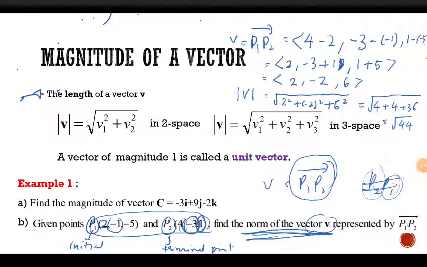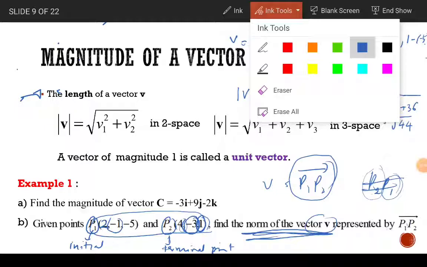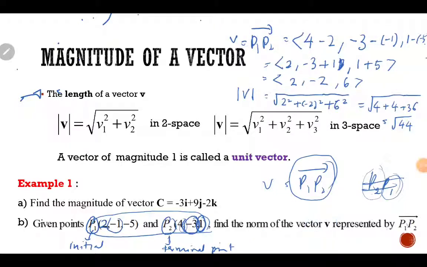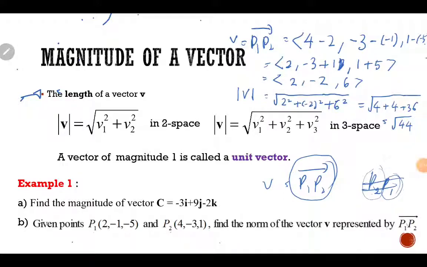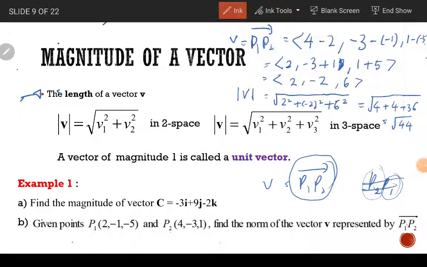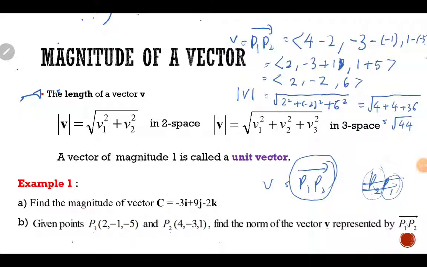To get the norm of the vector, it is going to equal vector V divided by the magnitude of vector V. So our vector 2, negative 2, 6 divided by square root 44.